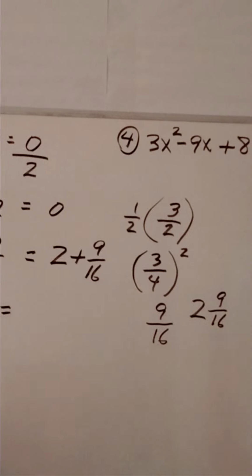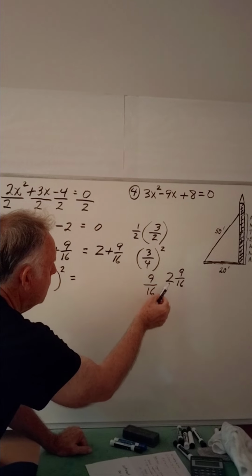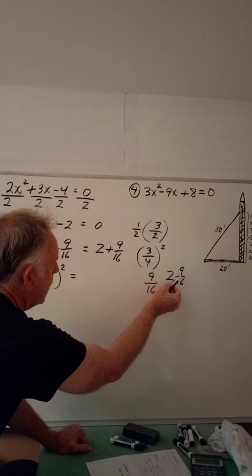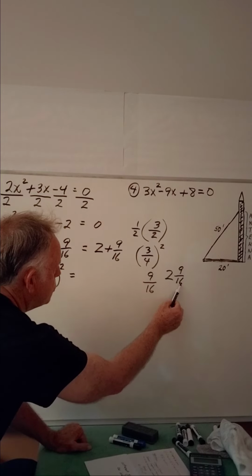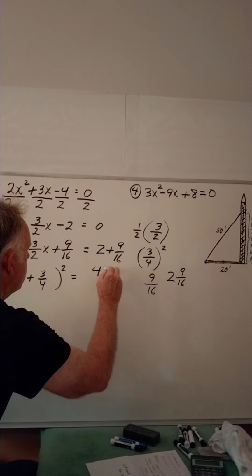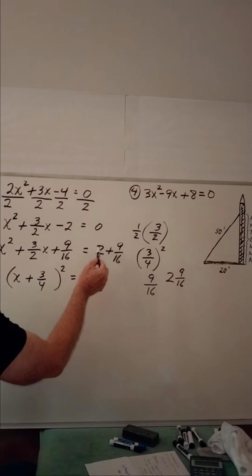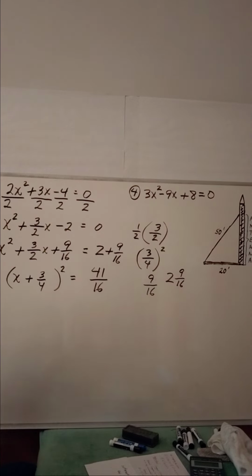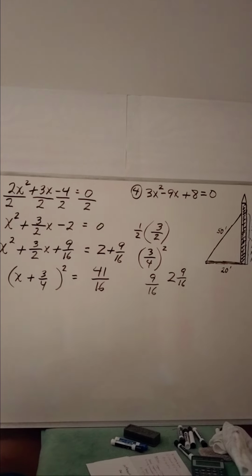With it looking this way, we can now change this 2 and 9/16 to an improper fraction, which would give 2 times 16, 32, plus 9, 41 over 16. Again, the primary reason which allowed us to do this shortcut is that both of these terms had the same sign. If they would have had different signs, I wouldn't have done that. We would have gone through the effort of finding a common denominator.